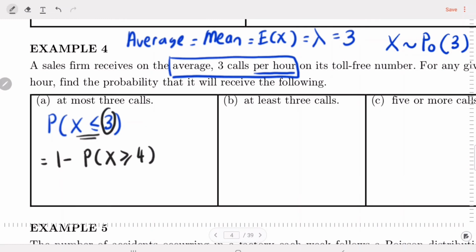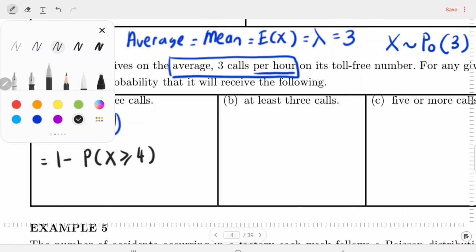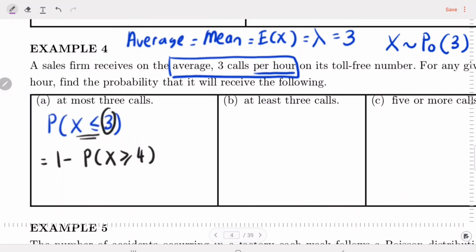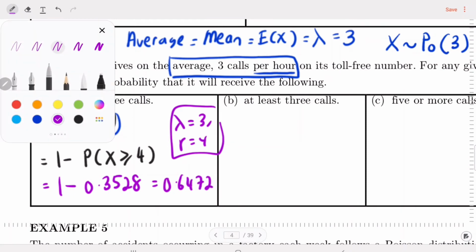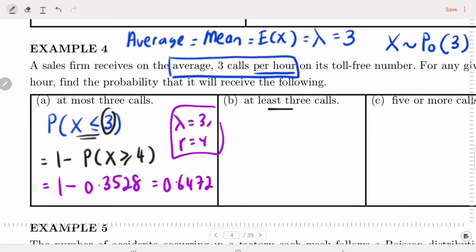So 3 plus 1 is equal to 4. When we already change it into greater than or equal, we can just simply look at the Poisson table, specifically the value for lambda equal to 3 and r equal to 4. Then you're going to find that the value is 0.3528, so it is 1 minus 0.3528, which is 0.6472.